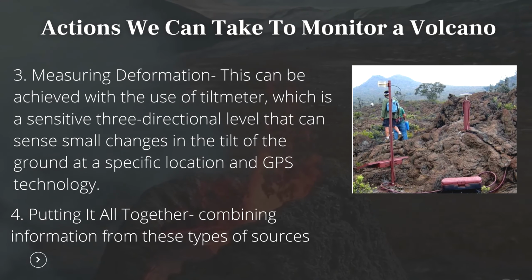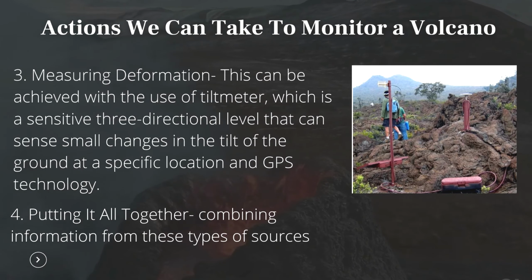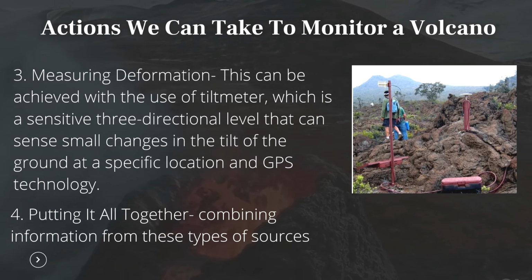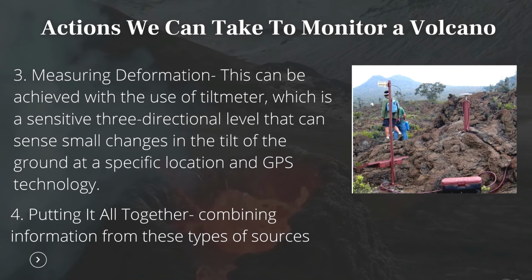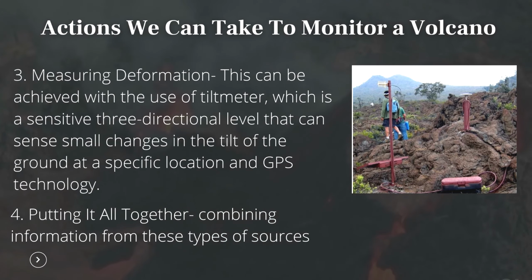Lastly is to put it all together by combining information from these types of sources, along with careful observations made on the ground and from the air, and a thorough knowledge of how volcanoes work. Geologists can get a good idea of the potential for a volcano to erupt in the near future. They can then make recommendations to authorities about the need for evacuations and restricting transportation corridors.